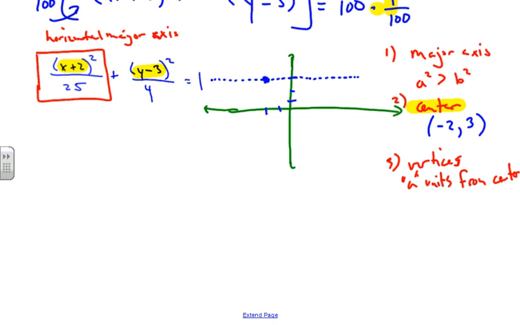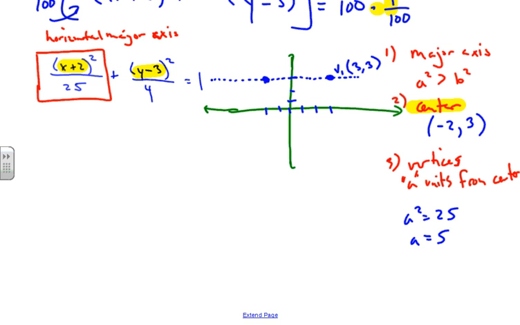Well, in this case, we see a squared equals 25, so our a value has to equal 5. And that is from our major axis. We're going to go 1, 2, 3, 4, 5. So we have a point here. That's vertex 1, which we'll identify as 3, 3.